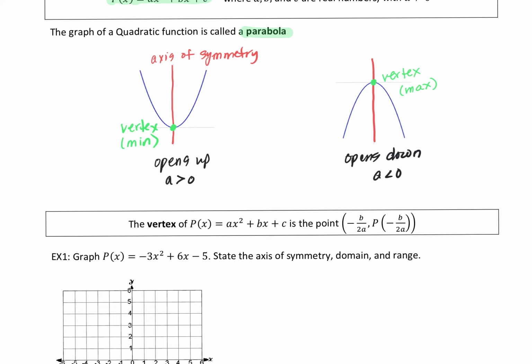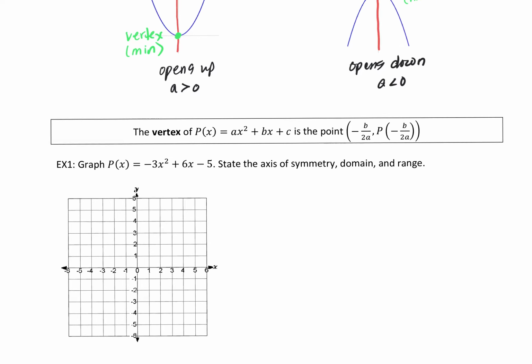Now, in the real world, parabolas can be used to model many things that are affected by gravity, such as if you throw a ball into the air, it's going to go up, it's going to come down. And oftentimes, the vertex is the most important point because it gives us the maximum height of an object that's thrown up in the air. So we use parabolas quite a bit.